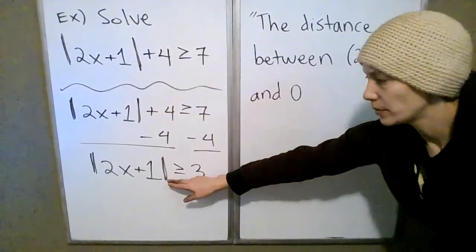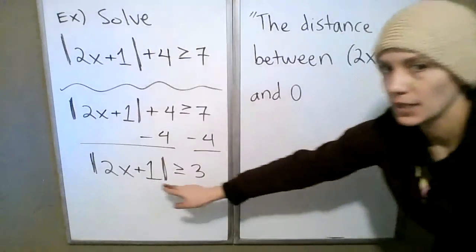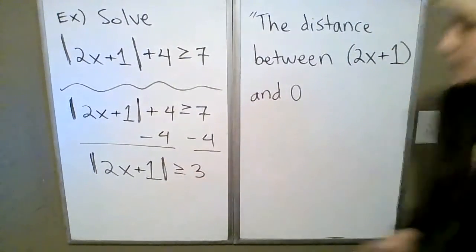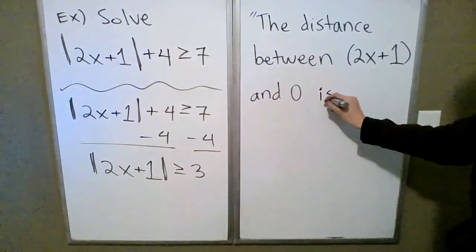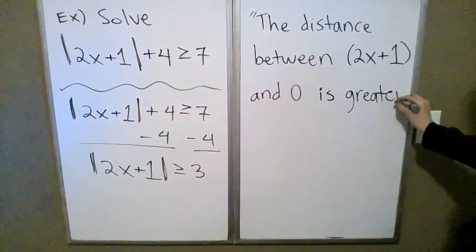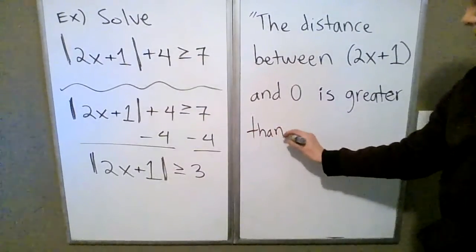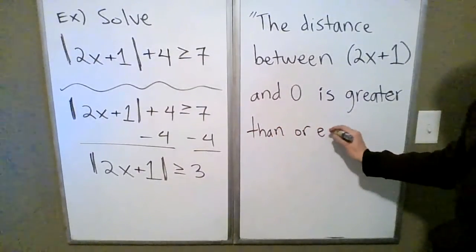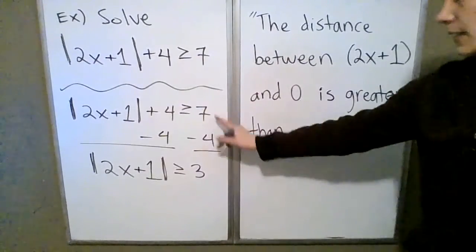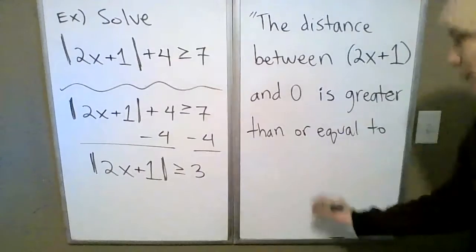So all of that comes from the absolute value bar. Absolute value is the distance between this value and 0. Now we're at greater than or equal to. And then here, 3 units.